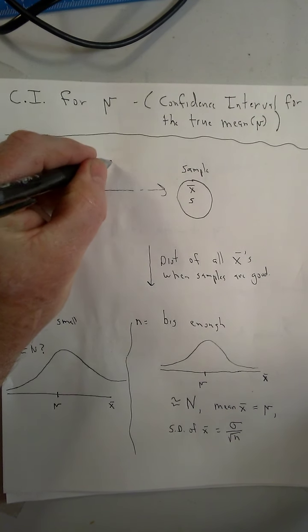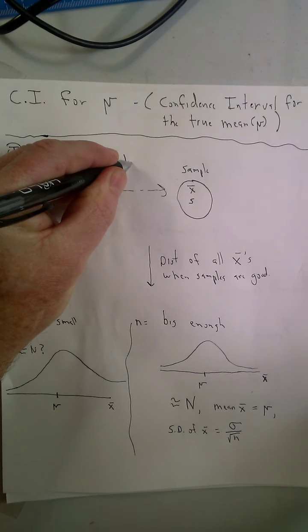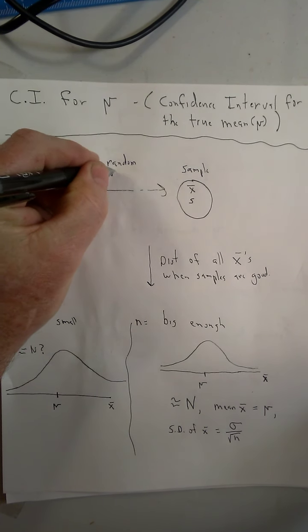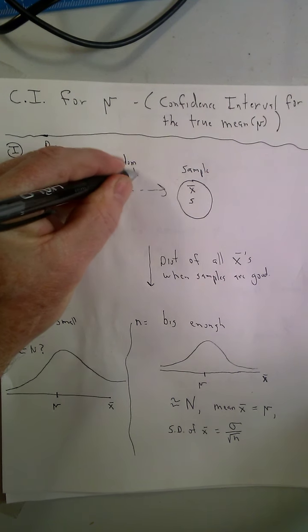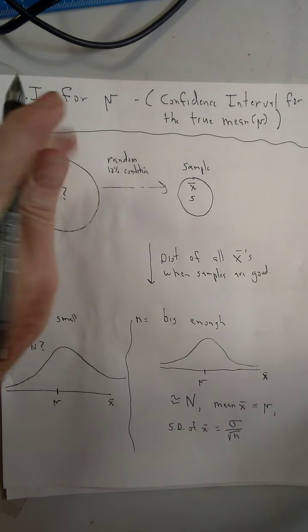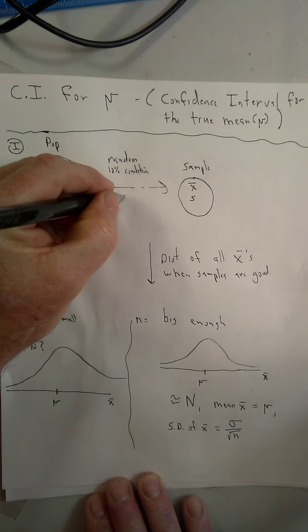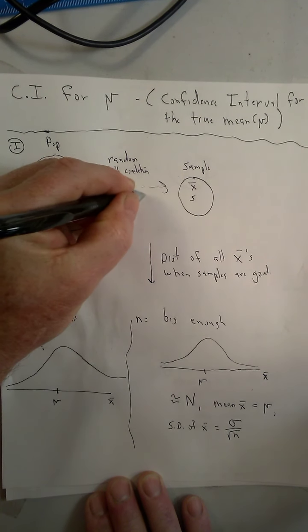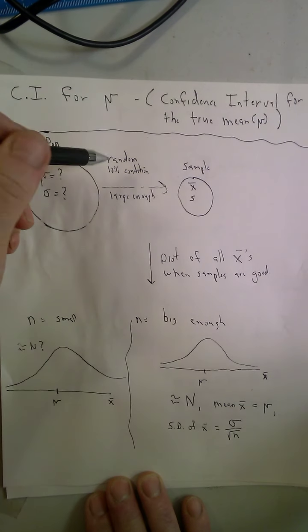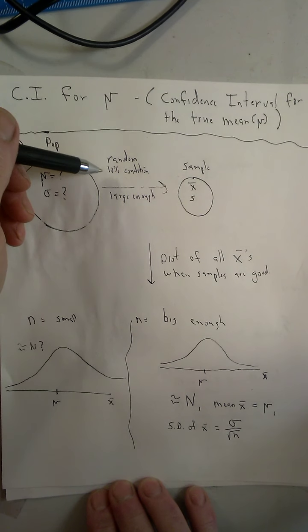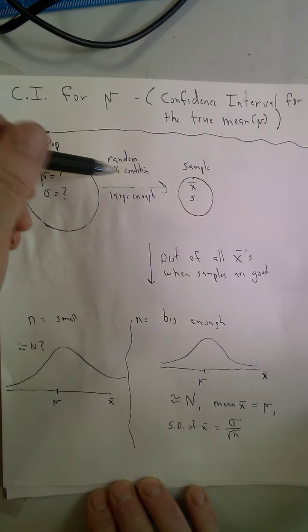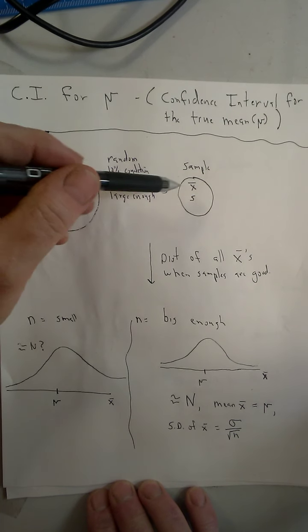With proportions, that meant that 10 successes and 10 failures had to exist within a sample. When you take a sample to estimate an average, you have to make sure that the sample is big enough to overcome the skew of the population. The only way you can really look at the shape of a population is to take your sample and look at its shape.